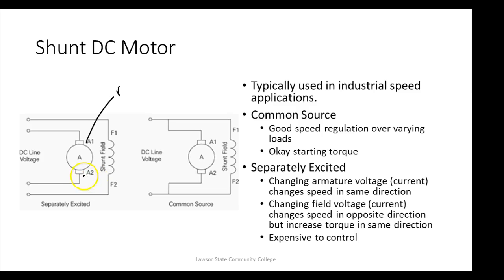When the armature spins, it's got a bunch of copper wires in the magnetic field, so it's going to induce a voltage into the armature. The voltage it induces is opposite of the applied voltage. So the faster the motor runs, the less current the armature draws because of the counter EMF.